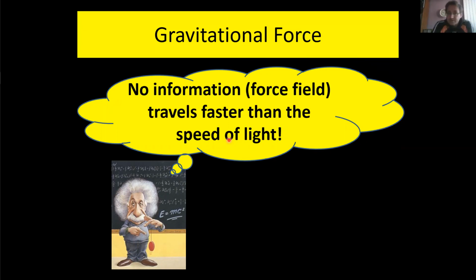So if the Sun would disappear, it would take 8.3 minutes, or 8 light minutes, until we would realize, oh, the Sun is gone. Crap. So this is a very basic assumption, that no information travels faster than the speed of light in vacuum. So, basic assumption.